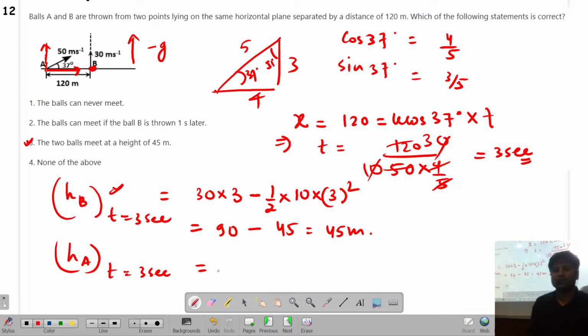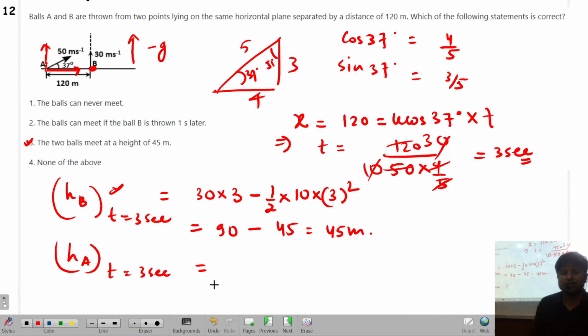Now at this time, which equation will I utilize? What is the initial velocity component along the vertical direction? 50 sin 37, yes or no? So the height traveled by A is 50 sin 37 into 3 seconds minus half of 10 into 3 square.